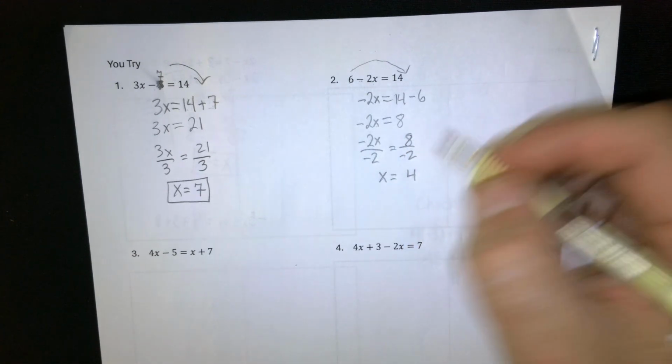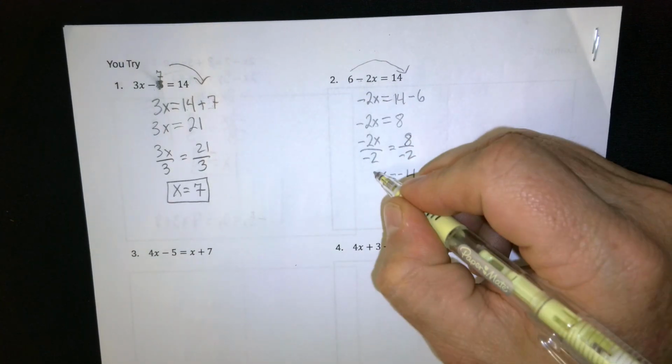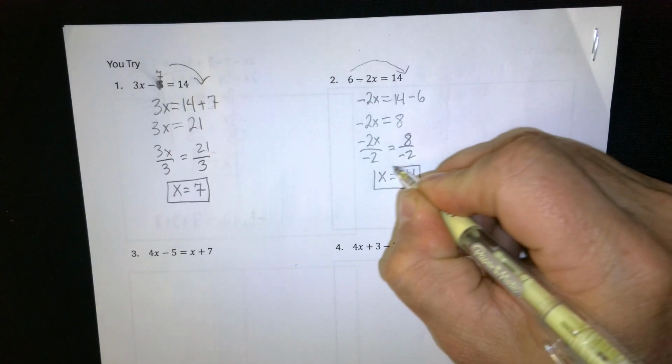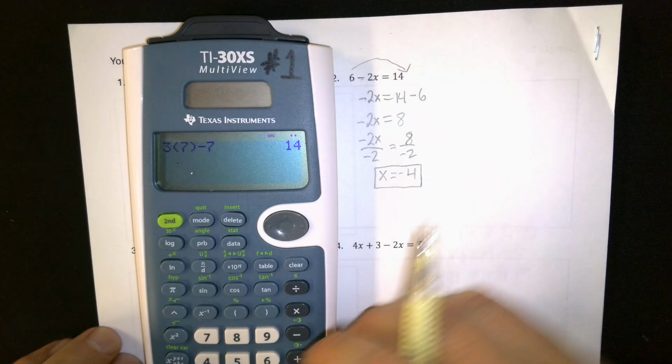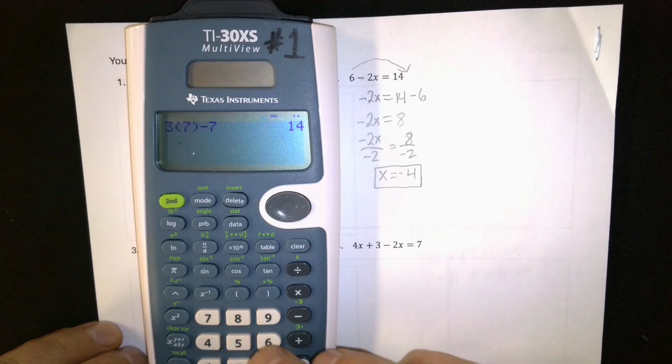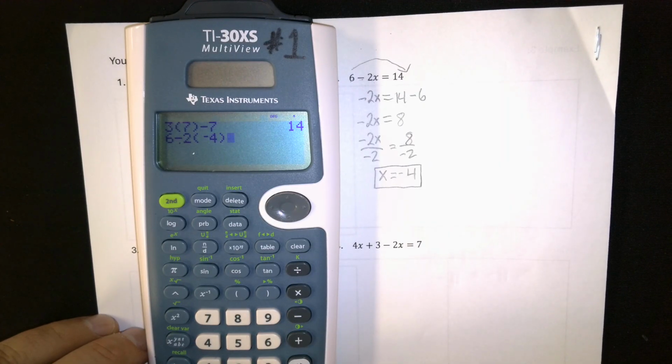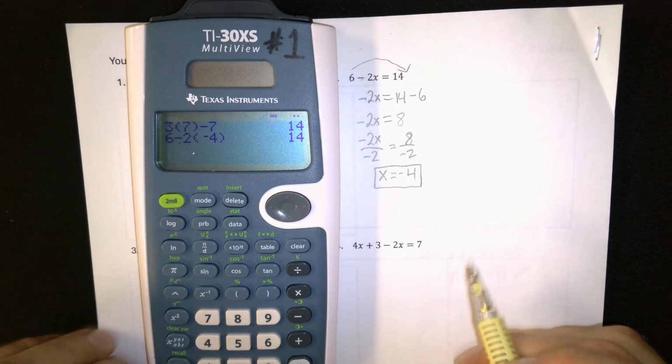You need a pair to cancel, so this is going to be -4. I'm going to run that through the calculator real quick. So I have 6 minus 2, and in parentheses we put our -4, and then we should get 14 as our answer, and we do. So that does work.